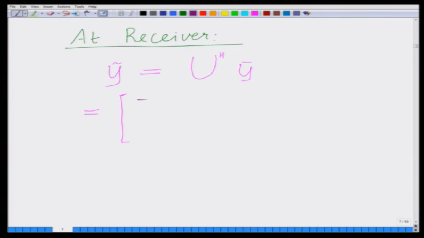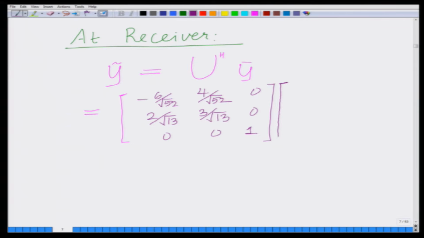So, U Hermitian is [-6/√52, 4/√52, 0; 2/√13, 3/√13, 0; 0, 0, 1] times [y1, y2, y3].